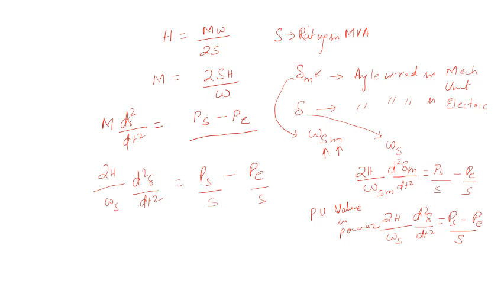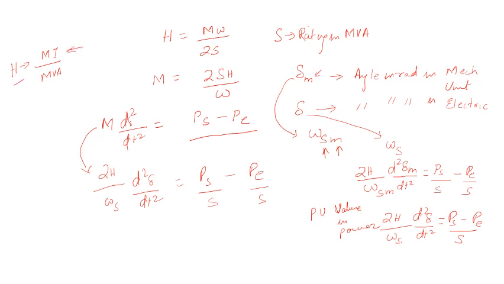Okay, now this unit, if you change it, I have told you that it's better to measure power. What is the H unit? H unit will be megajoule per MVA, right? So power unit is joule, so it's better to use power unit.